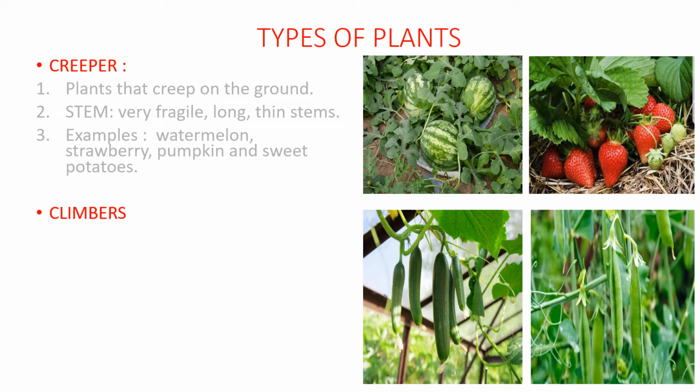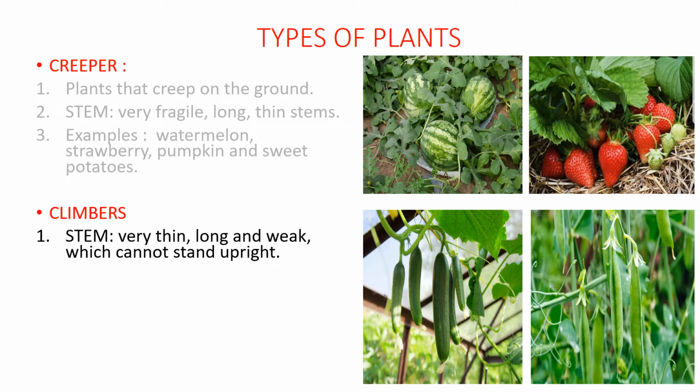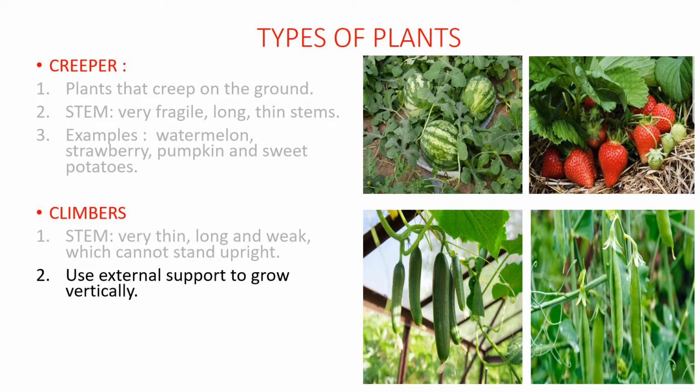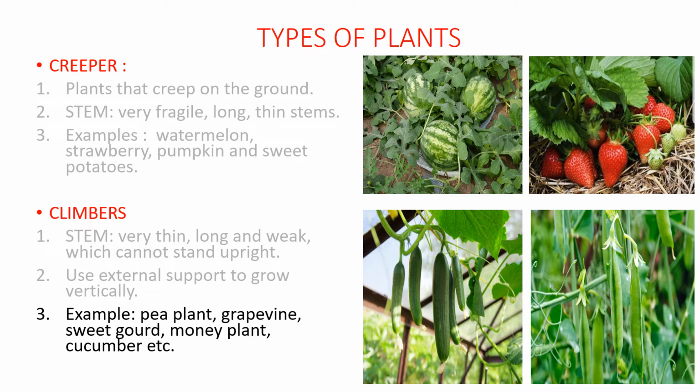Next, climbers. They have very thin, long and weak stems which cannot stand upright. But students, you will notice that with the help of outer or external support, they can grow vertically, or they can grow upward. Examples of climbers are pea plant, grapevine, sweet gourd, money plant and cucumber.